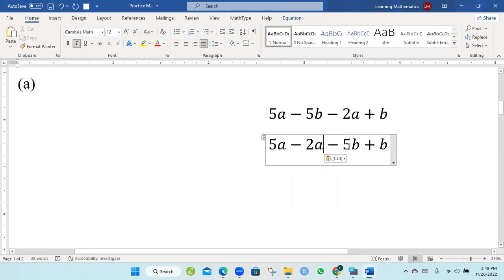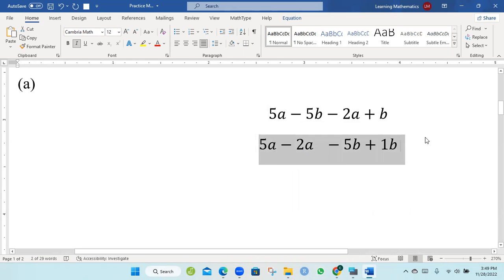And negative 5b is next to plus b. If you don't see a coefficient, there's an invisible 1. So b is the same as 1b. So now 5a minus 2a will give us 3a.